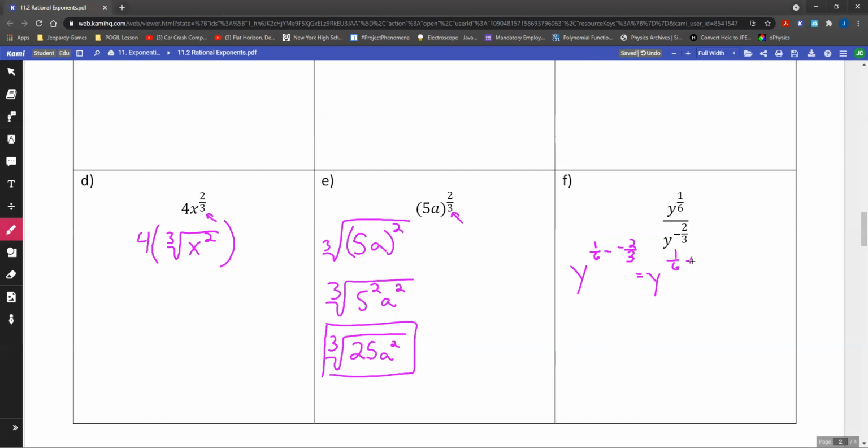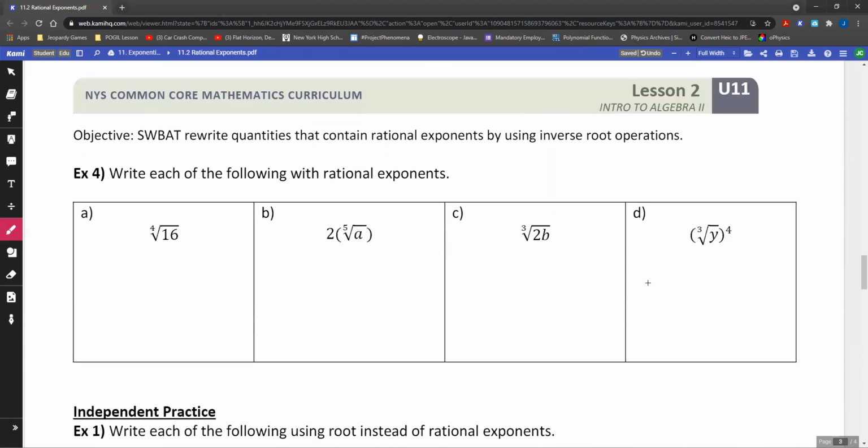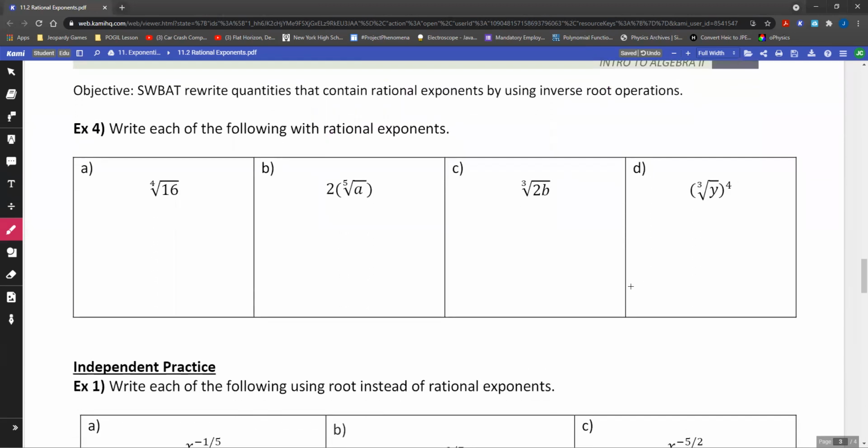And to get similar bases, I have to turn this into 4/6. So this actually ends up becoming y to the 5/6. So this becomes a 6th root of y to the 5th. So you should start to see the repetitiveness of a lot of these things.